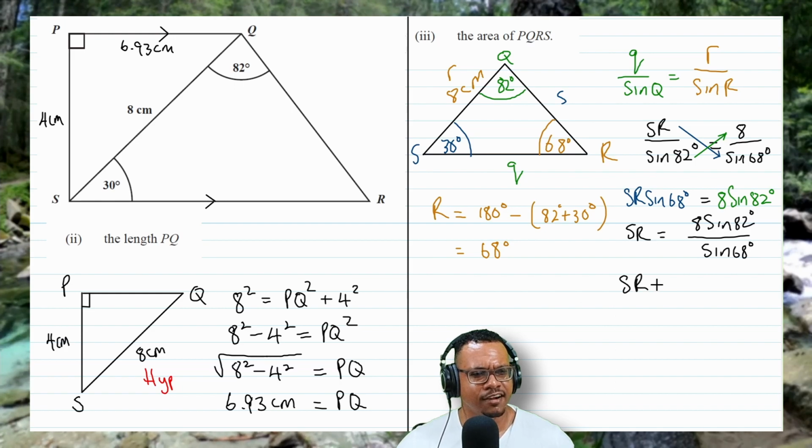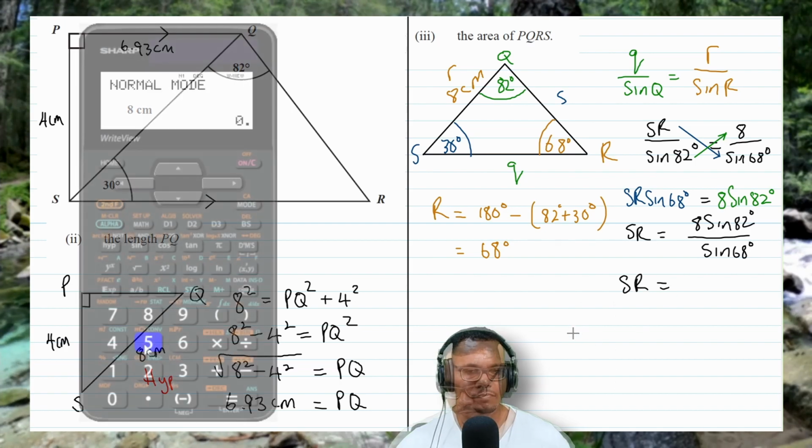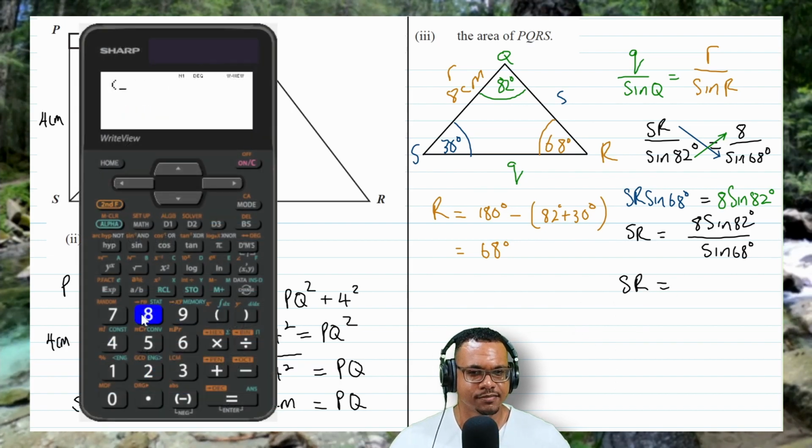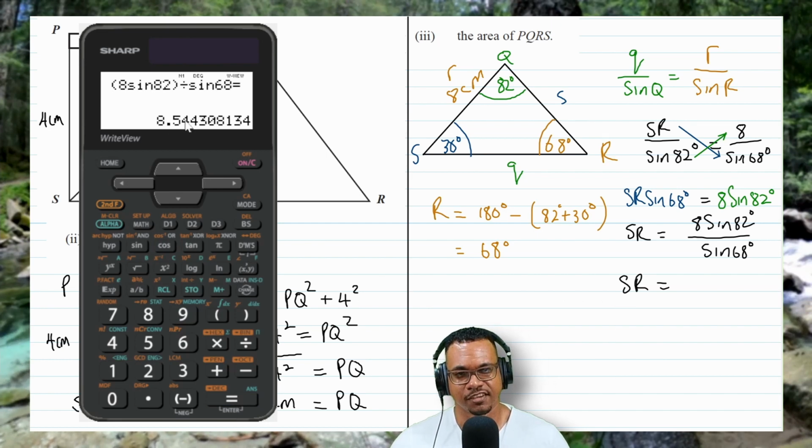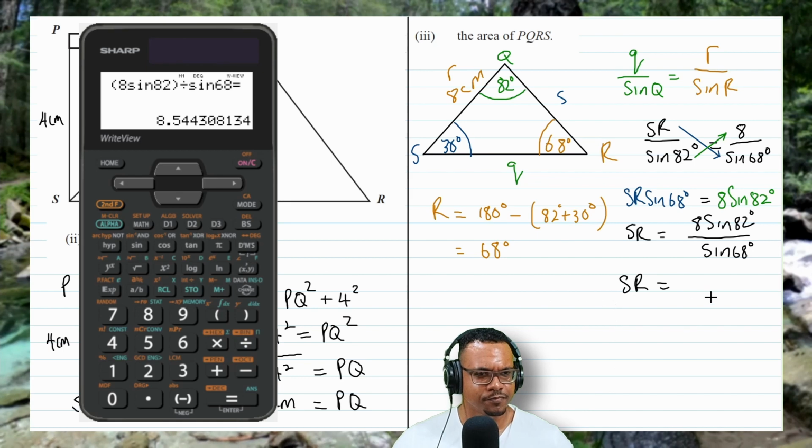So SR is equal to, open brackets, 8 sine 82, close brackets, divided by sine 68. And that's equal to 8.54 to three significant figures. 8.54 centimeters.